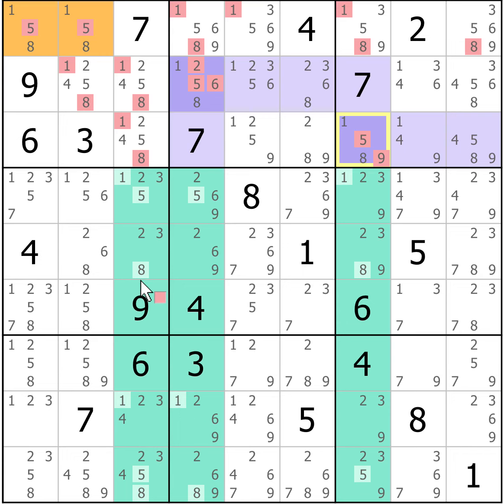Further, an 8 must be here or here, and here or here. What does that mean? It means that 1 cannot be elsewhere in the 4th row. It must be either here or here. So that means we lose those 1s and these 1s.